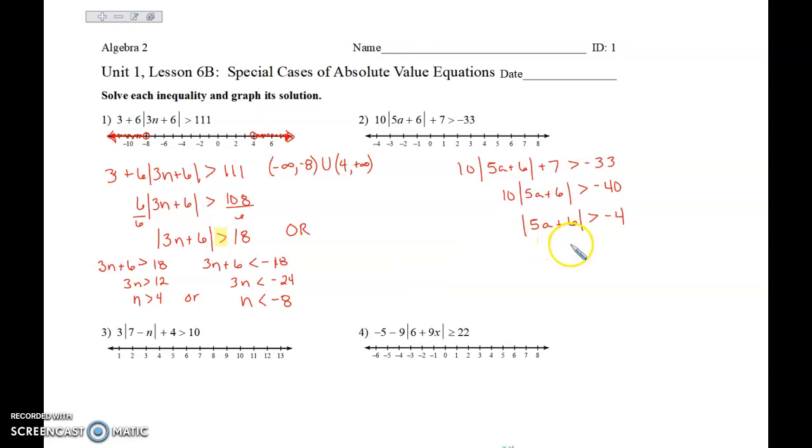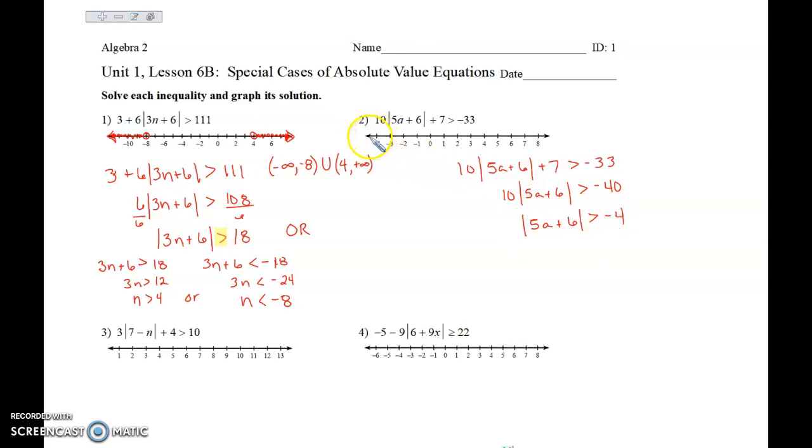Now, this is one of those special cases because if I look at this, it says the absolute value of 5a plus 6 is greater than negative 4. Well, will the absolute value always be greater than a negative? Yes, always. No matter what value we have for a in here, we can pick anything on the number line and it would always be true. So this one is a special case. The absolute value will always be greater than negative 4.